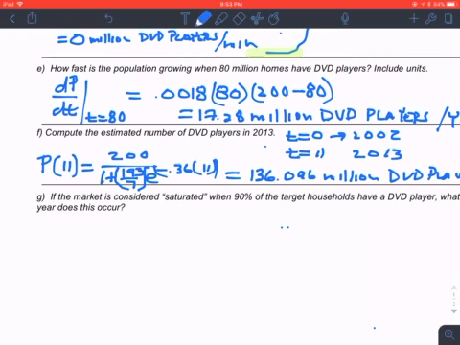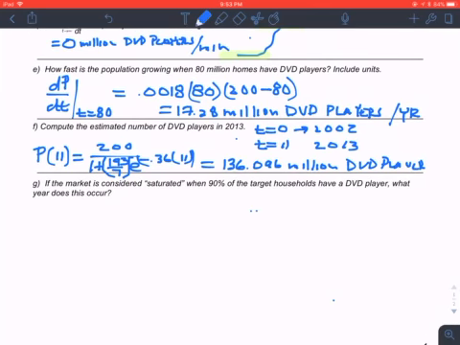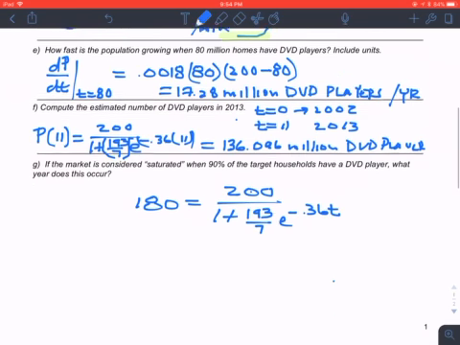So now it says if the market is considered saturated when 90% of the target households have a DVD player, what year does this occur? Well, 90% of K is 180. So we're trying to see when this function is equal to 180, and that's 200 over 1 plus 193 over 7 e to the negative 0.36t.